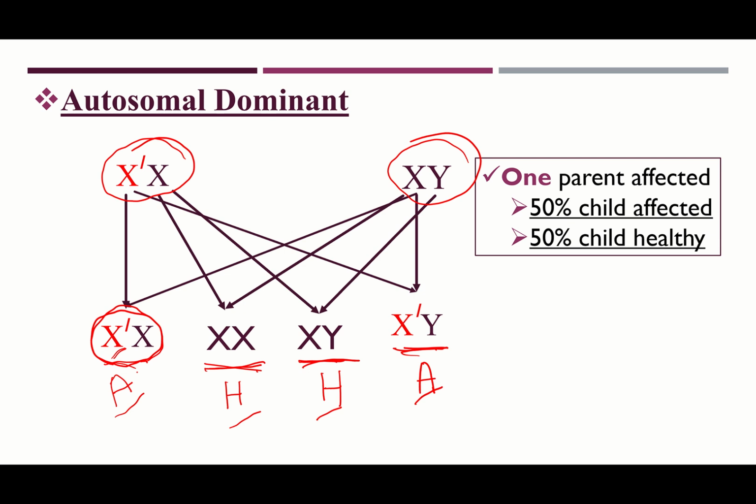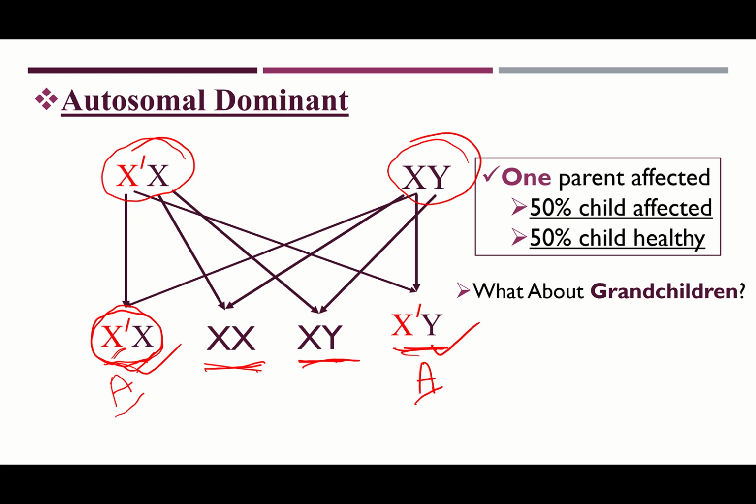Now remember that in your UKMLA Part A exam, only and only in autosomal dominant conditions, they will ask you about the grandchildren. Like what will happen if these two people, the affected ones, have children. If this affected one has children, they will also have the possibility of having 50% affected and 50% healthy. Also this one, 50% affected and 50% healthy.